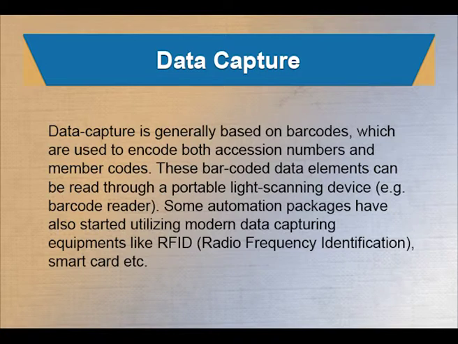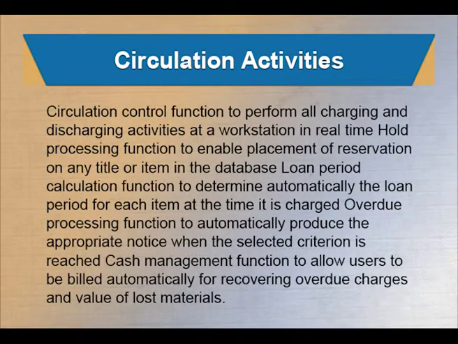Some automation packages have also started utilizing modern data capturing equipment like RFID (radio frequency identification), smart cards, etc. In an RFID based circulation system, the entire process can run without any human intervention: issue, return, fine calculation, then the fine can be submitted through a payment gateway. All kinds of things can be done automatically.